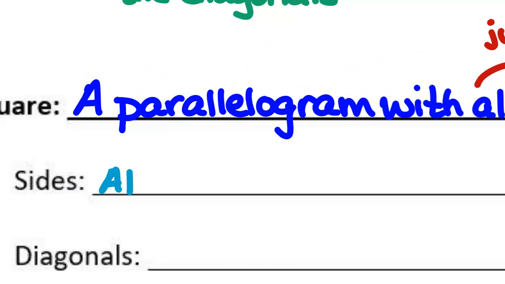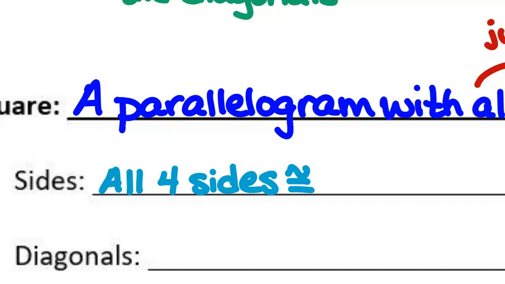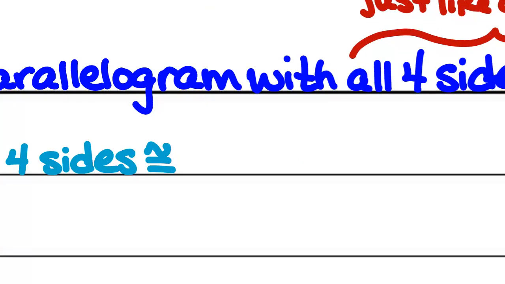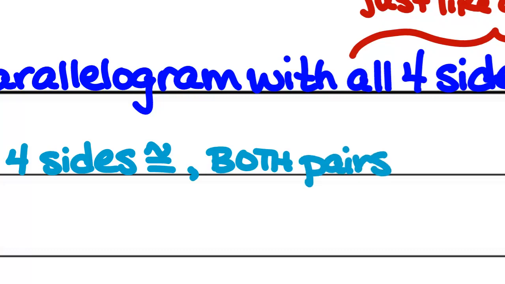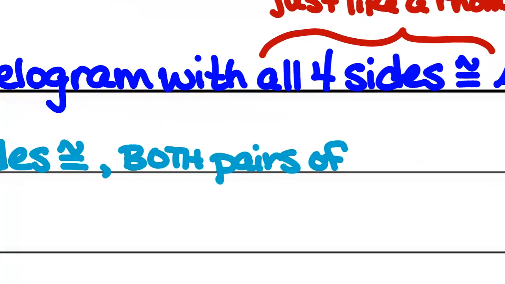So for my sides, all four sides are congruent. And both pairs of opposite sides are parallel.